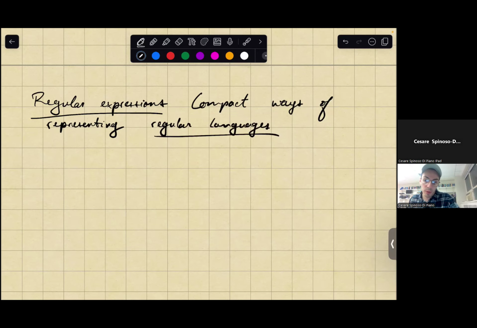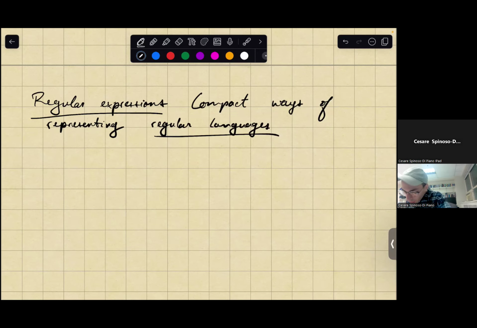So this is a very important point. Regular expressions can describe, or have a compact description for, languages, and these languages are necessarily regular, and all regular languages have regular expressions that denote them or describe them, okay? So we'll see that in a second. I'll give the intuitive idea for why.